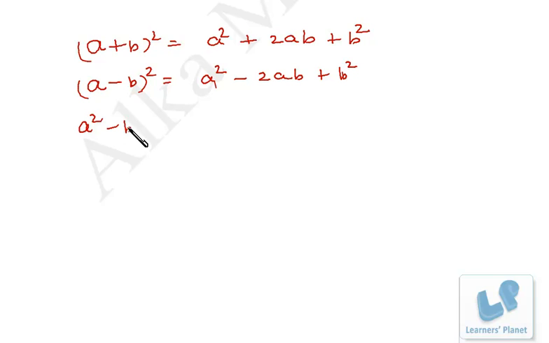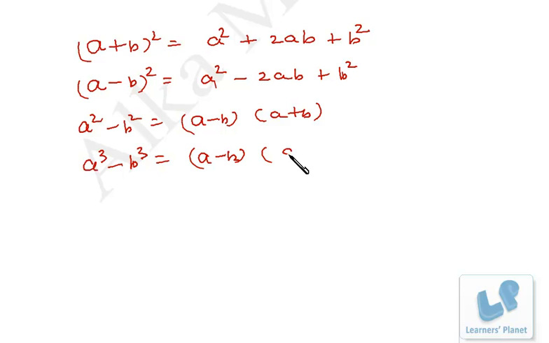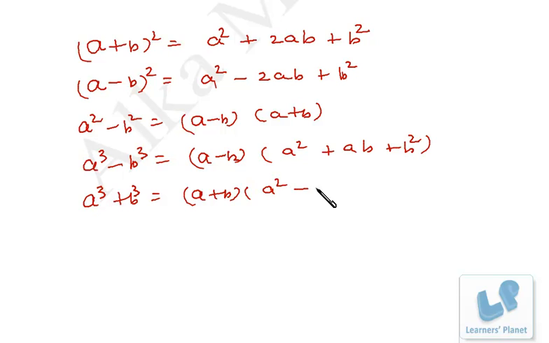Then a square minus b square is a minus b, a plus b. Then a cube minus b cube will be equal to a minus b, a square plus ab plus b square. a cube plus b cube will be equal to a plus b, a square minus ab plus b square.